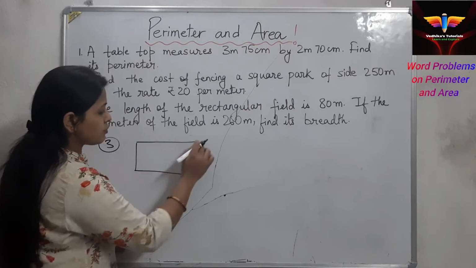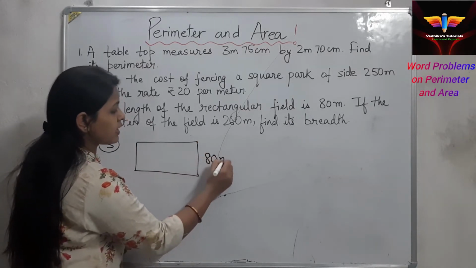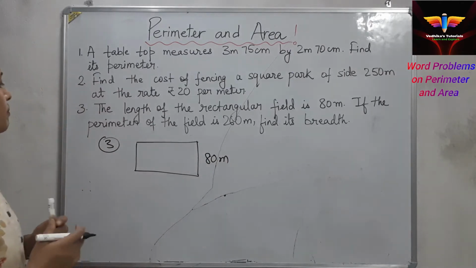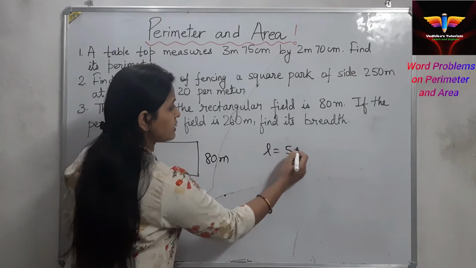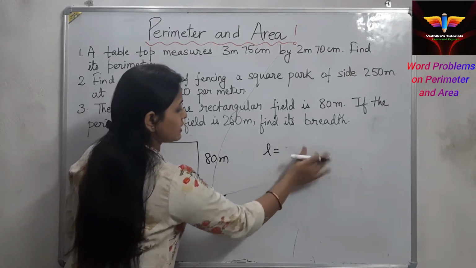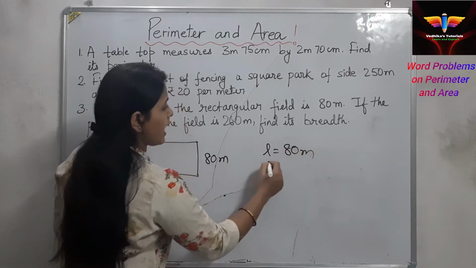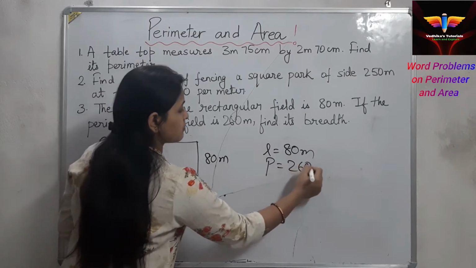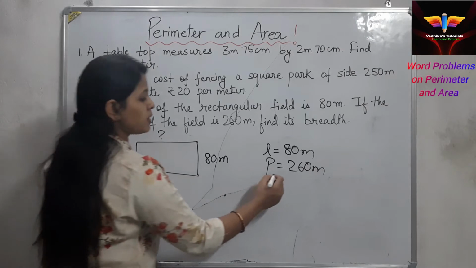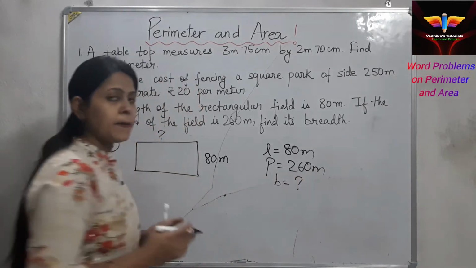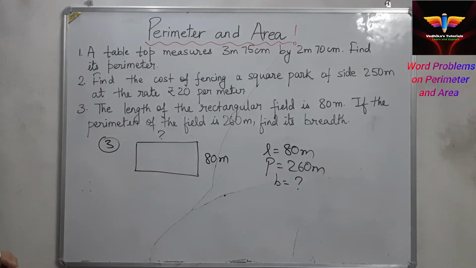So suppose that this is the length, 80 meter. Length is 80 meter and the perimeter of the field is 260 meter. Find its breadth. Here the breadth is missing. We have to find the breadth of the rectangular field.